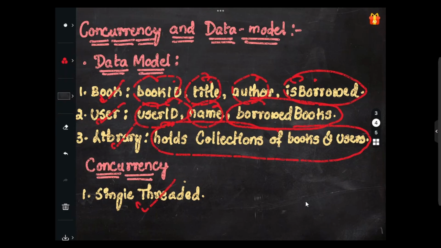For the real world, thread safe locks for borrow as well as return operations, using threading.Lock or an async queue, would be better. This I wanted to discuss with you guys. Now we have successfully discussed the concurrency as well as the data model. Next, let's move on with the UML diagram part.